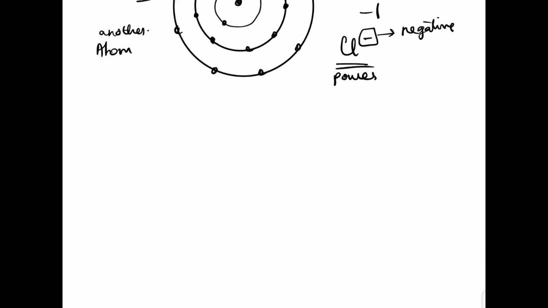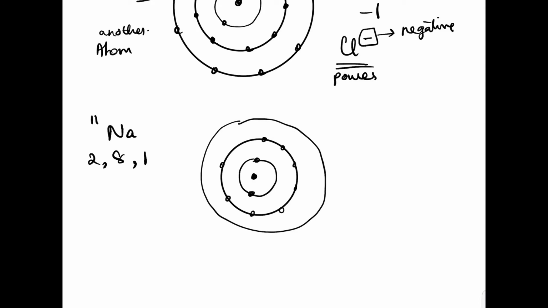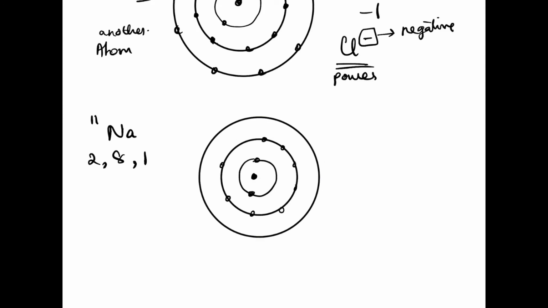While if you look at another of the elements, sodium, which has atomic number 11, I've got my sodium atom, and the outermost shell has just 1 electron. So this one would rather give.